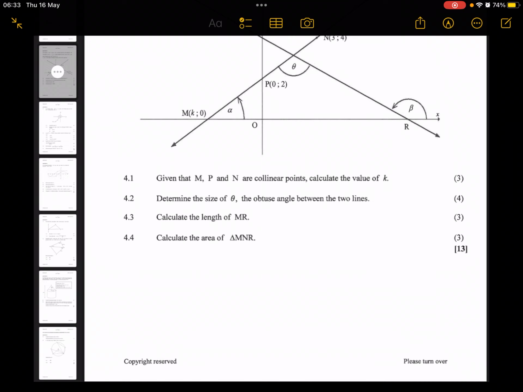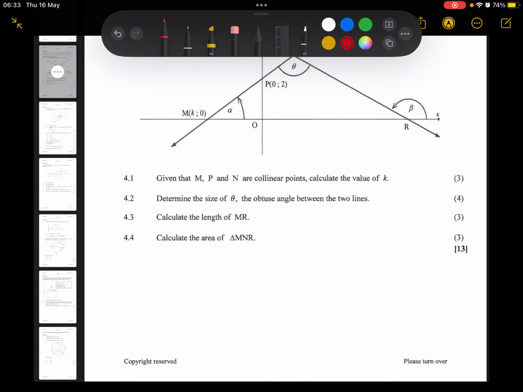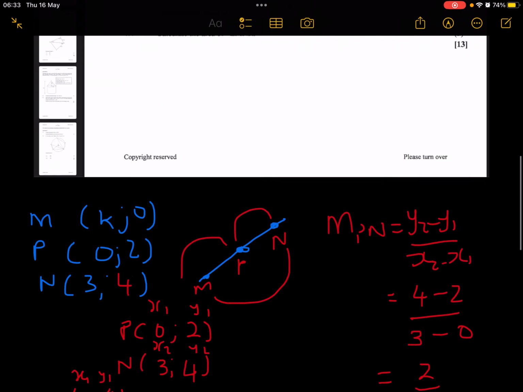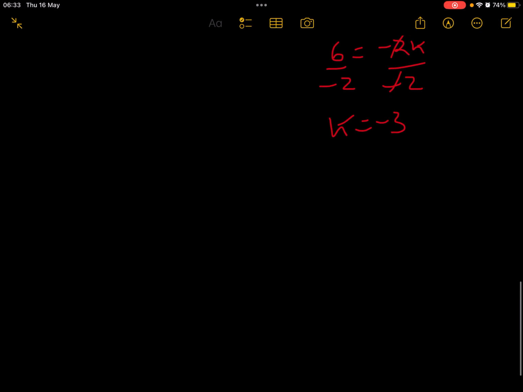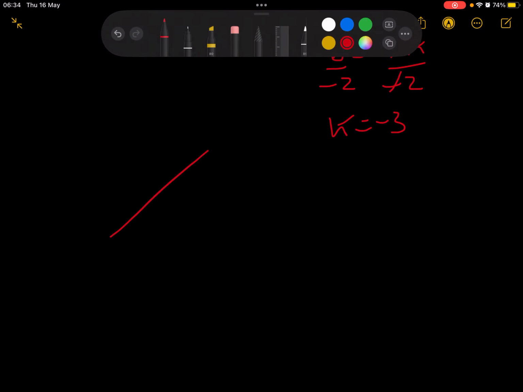Now we want to calculate the size of angle theta. But we see something here. So the triangle that has angle theta is something like this. This is theta, this is alpha, and this is beta.